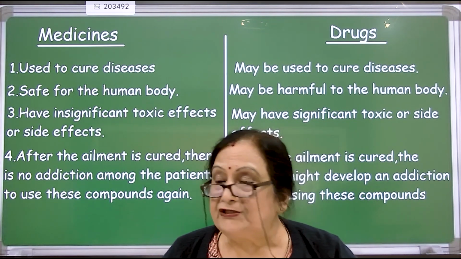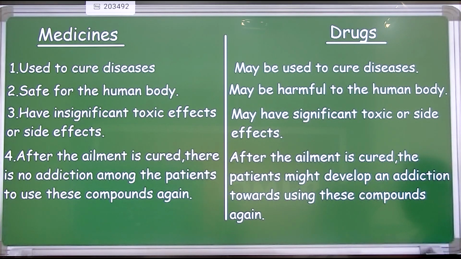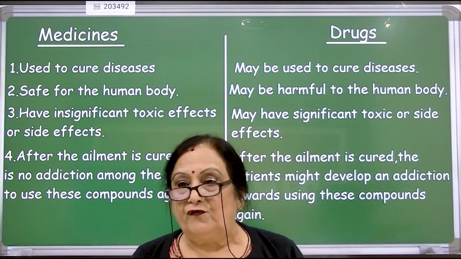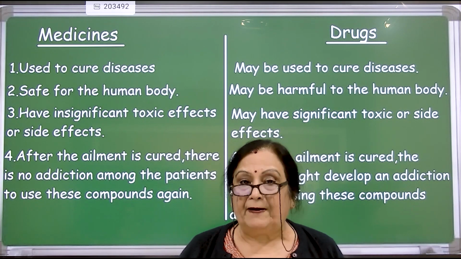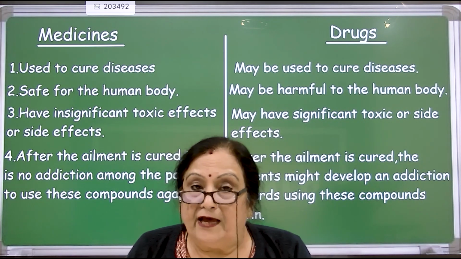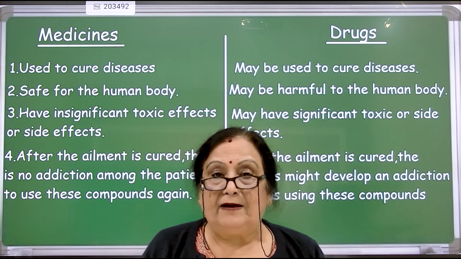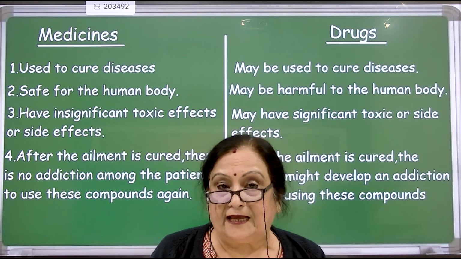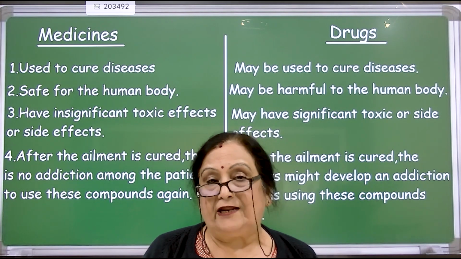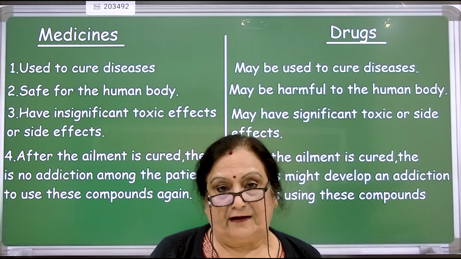But in the case of drugs, we can see that after the ailment is cured, the patient might develop an addiction towards these compounds again. हम बार बार चाहते हैं कि हमें वो चीज़ मिल जाए. इसका एग्जाम्पल है हेरोइन, मॉर्फिन. ये it is very good medicine. अगर हम लें तो पेन किलर के लिए हम यूज़ करते हैं, लेकिन अगर हम बार बार यूज़ करेंगे, so every 24 hours we will have an urge to get the drug, right?